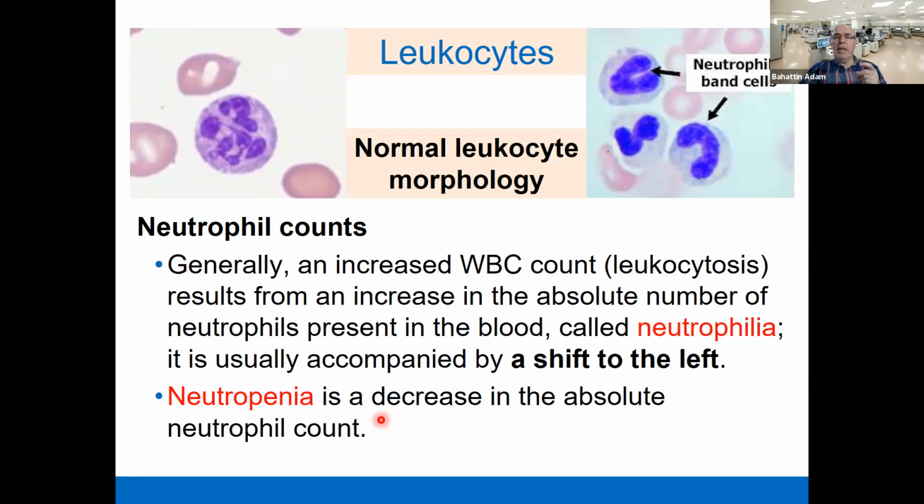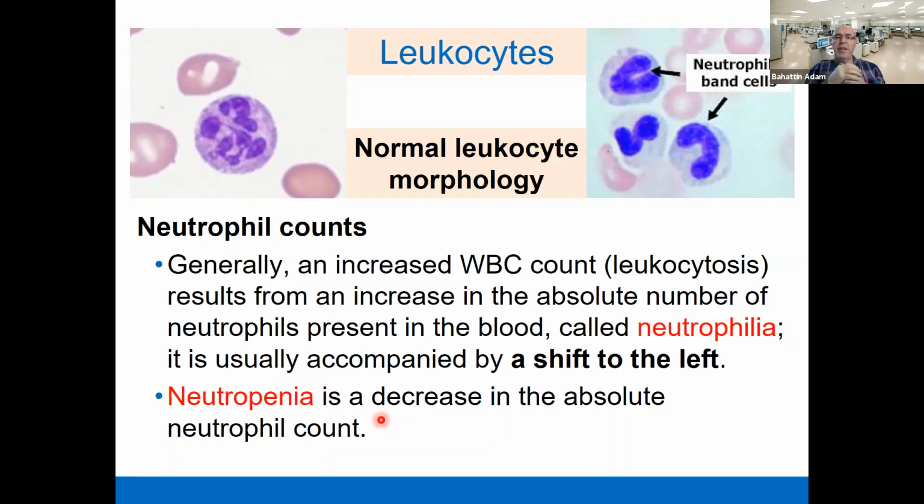An increased white blood cell count is known as leukocytosis, which results from an increase in the absolute number of neutrophils present in the blood, since the ratio of neutrophils is the highest, about 60%.